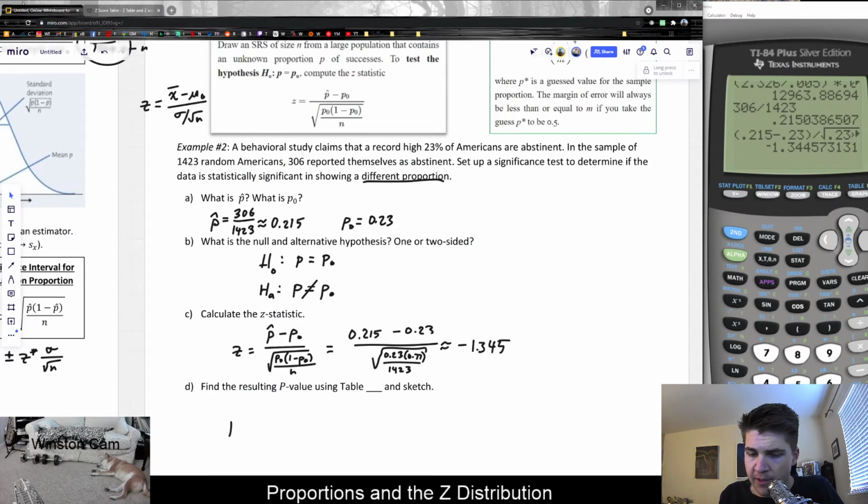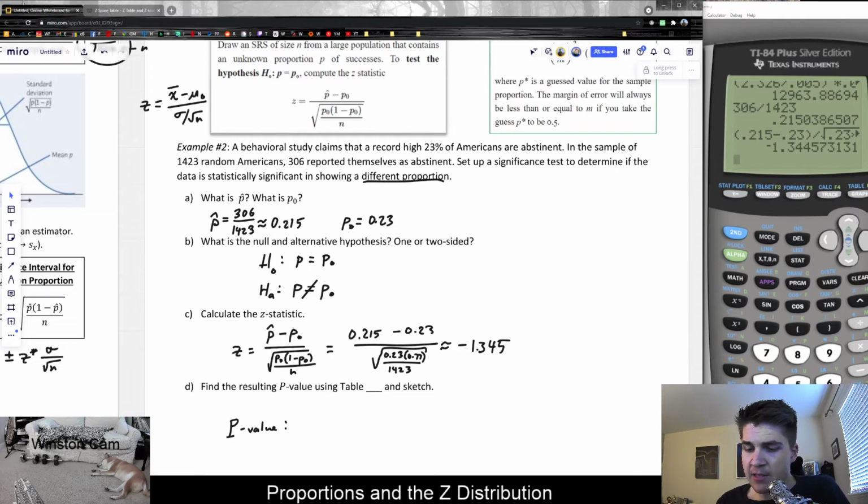So our p-value. Another way you could do it is if you put a little tail under p, it can imply that it's a capital P instead, which I'd say probably don't need to bother doing. But I'll go ahead and just differentiate between lowercase p, which stands for proportion, and capital P, which stands for probability.